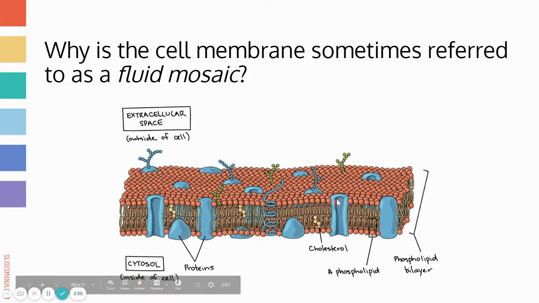Like this membrane protein right here, maybe we're looking at a snapshot of it right here, but maybe in 10 minutes it's going to be over here, because all of these things are mobile and can be moving around because of the fluidity of the membrane. So that's what we're talking about when we say the fluid mosaic. It's just the fact that the membrane has these two characteristics. It's fluid, or liquid, and it's also a mosaic of different kinds of molecules.